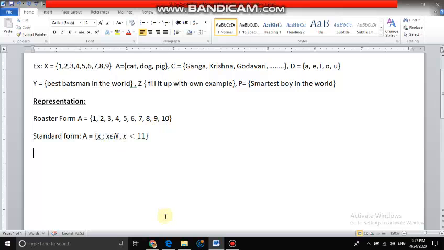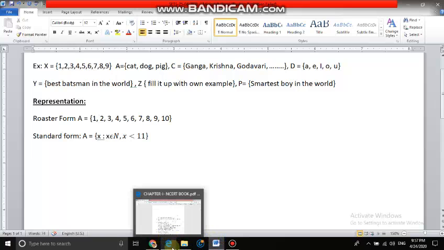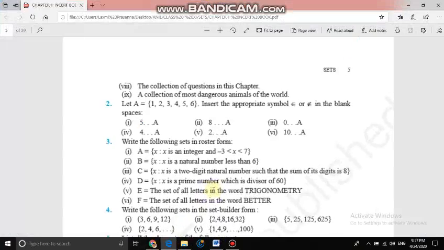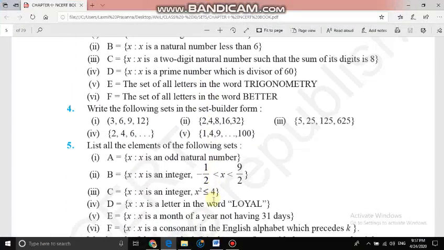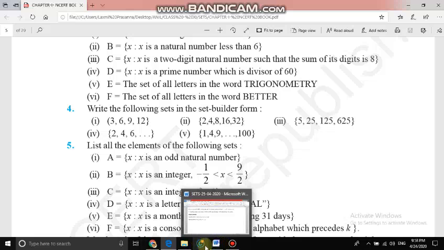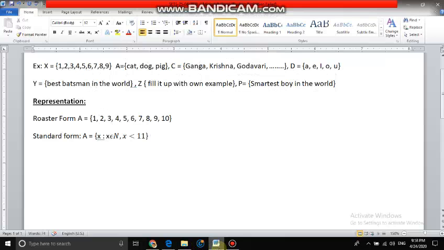Now let me take another example, for example 3, 6, 9, 12. B equals 3, 6, 9, 12.